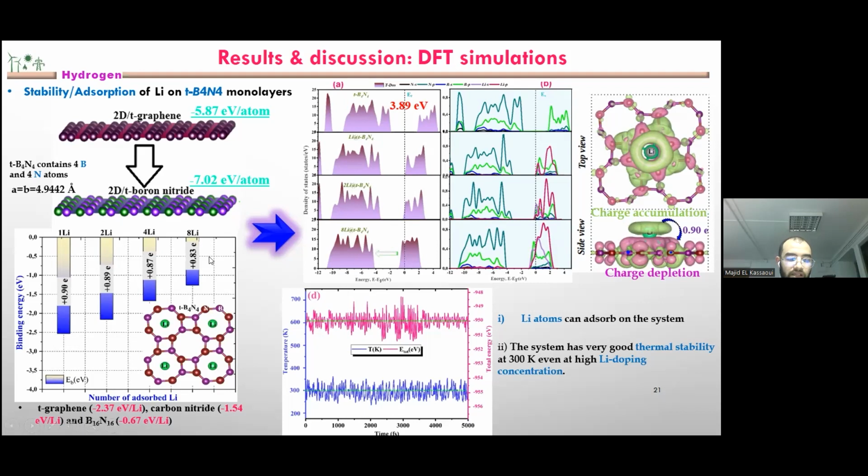This is a weakening of the electrostatic attraction with the host material after decoration. The peaks of the hybridized orbitals between the lithium and the boron, especially the p orbital, are mainly located above the Fermi energy, and the lithium atoms strongly bond with the tetragonal borometry.